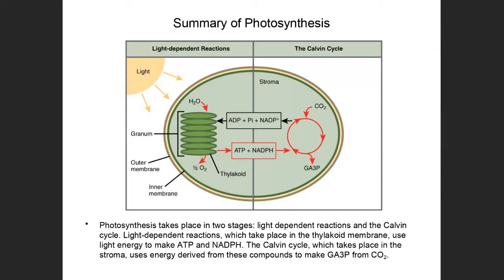So this is a granum. This is more than one thylakoid inside of the chloroplast. And this green line over here, that's the thylakoid membrane, the dark green that you are seeing all around.